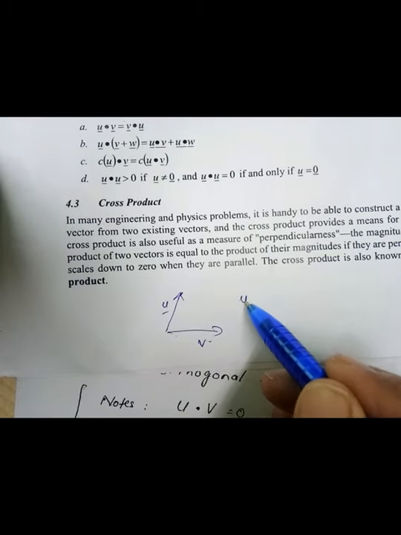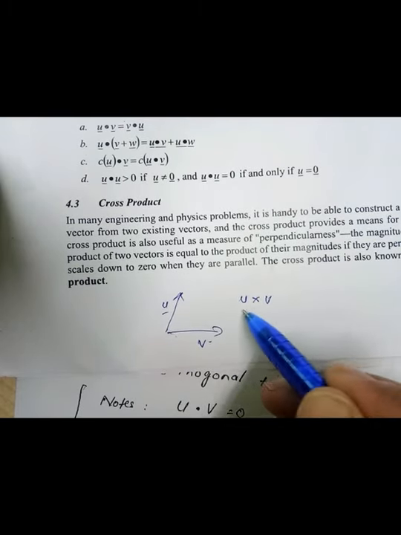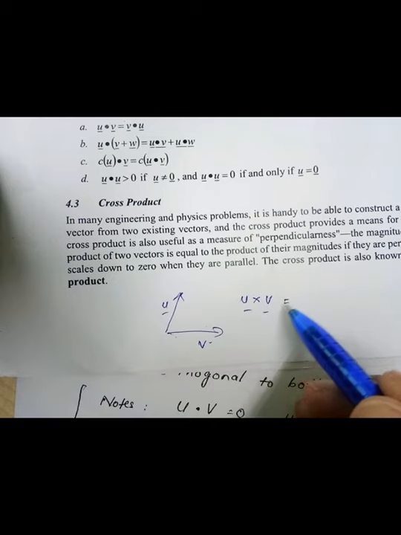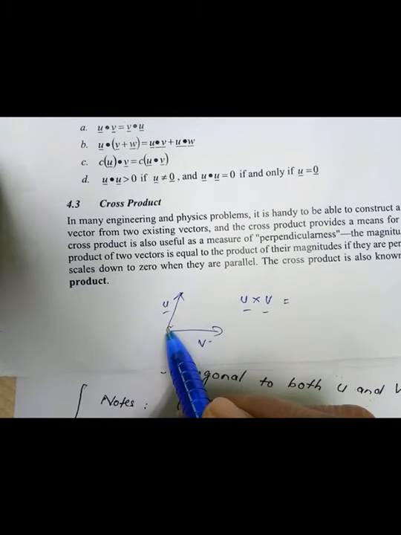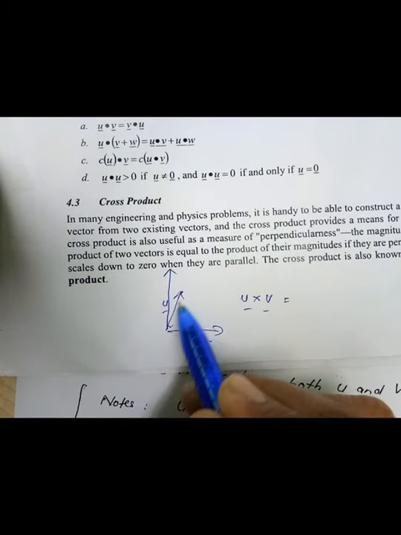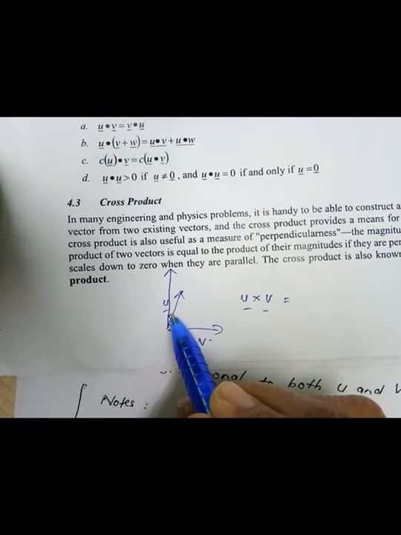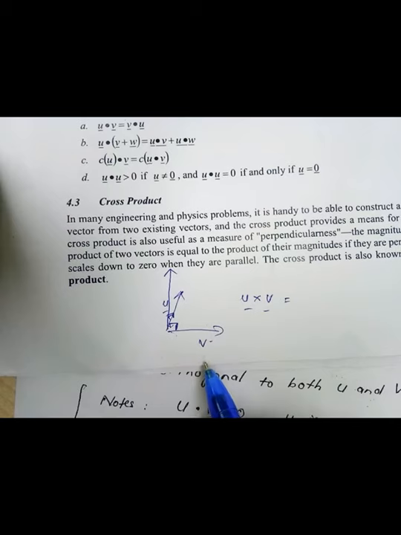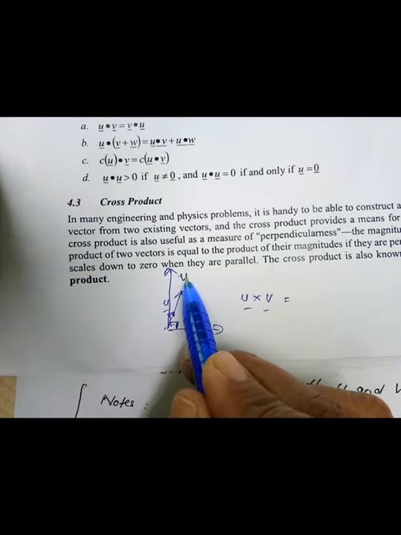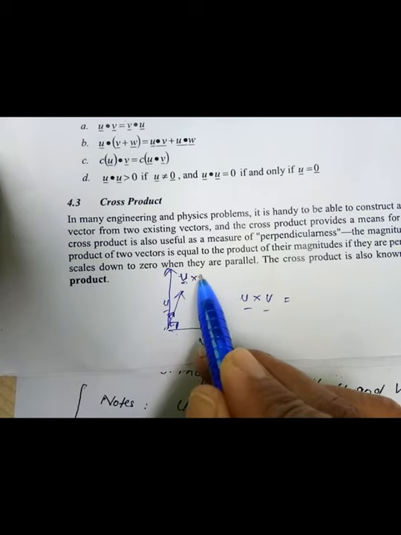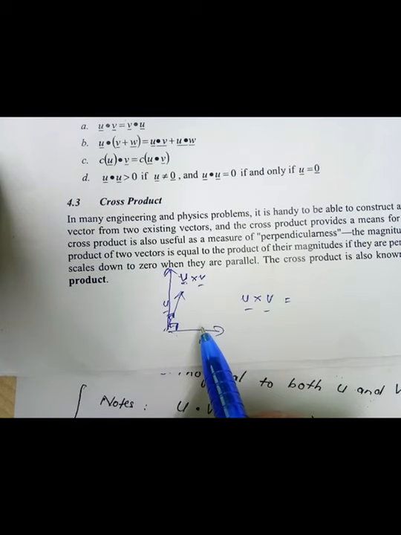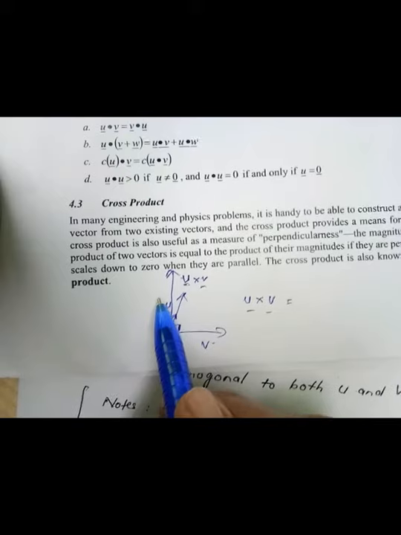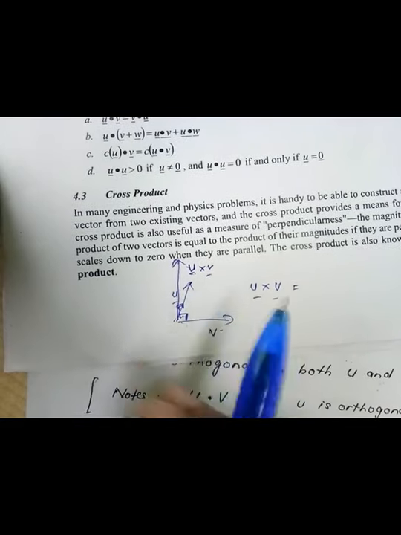The cross product u cross v results in a vector that is perpendicular to both vectors: perpendicular to vector u, and also perpendicular to vector v. So this vector is the cross product of vectors u and v. This is what the cross product means for two vectors.